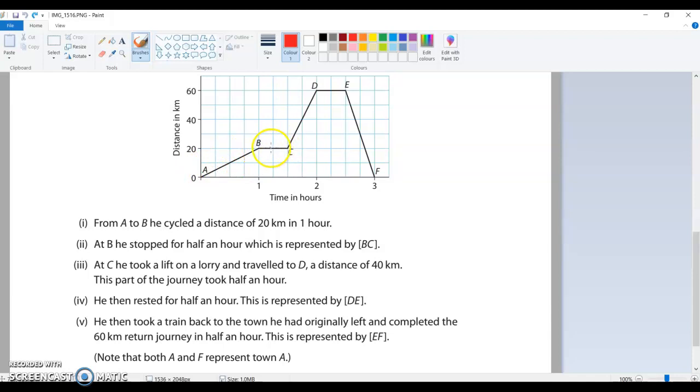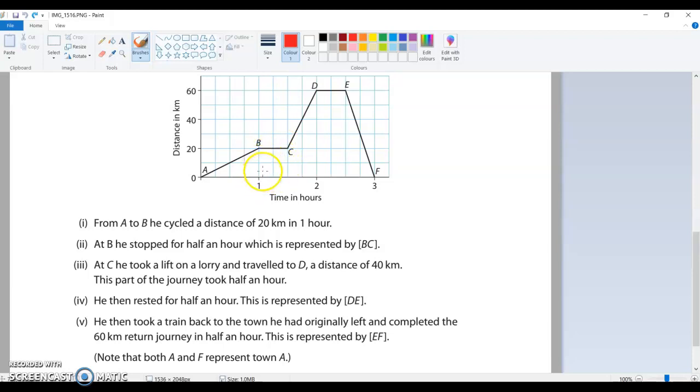Then between B and C, the line goes flat, or it's horizontal. Now, the y-axis is distance. So as long as we're traveling up or down, we're covering some distance. A flat part of a line like this means we're stopped. So at B, he stopped for a rest, maybe. So this horizontal line here means he's stopped.